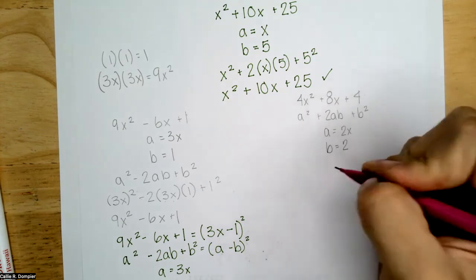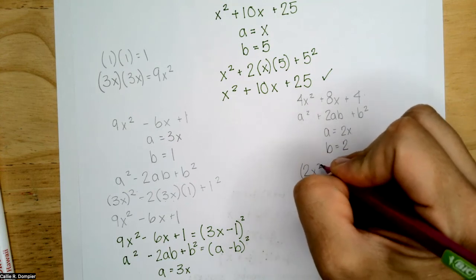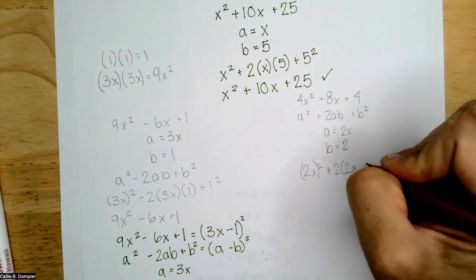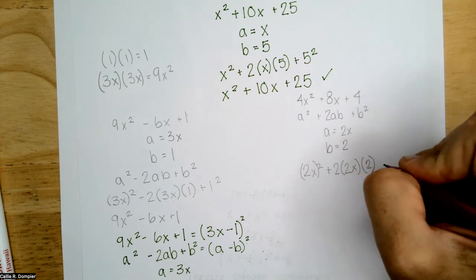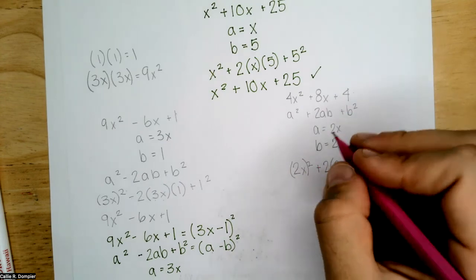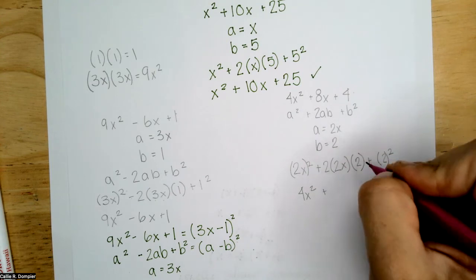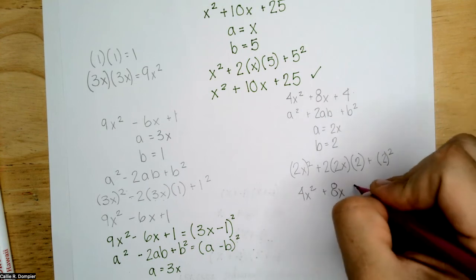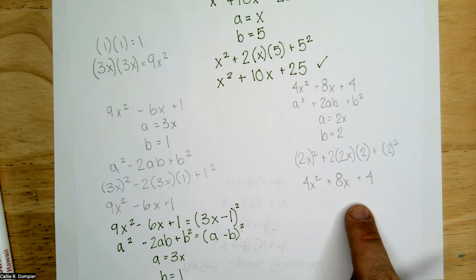So that means I have (2x) squared plus 2 times 2x times 2 plus 2 squared. (2x) squared is 4x squared, plus 2 times 2 is 4, times 2 is 8 with 1x, and then 2 squared is 4. So it does go back to the original trinomial.